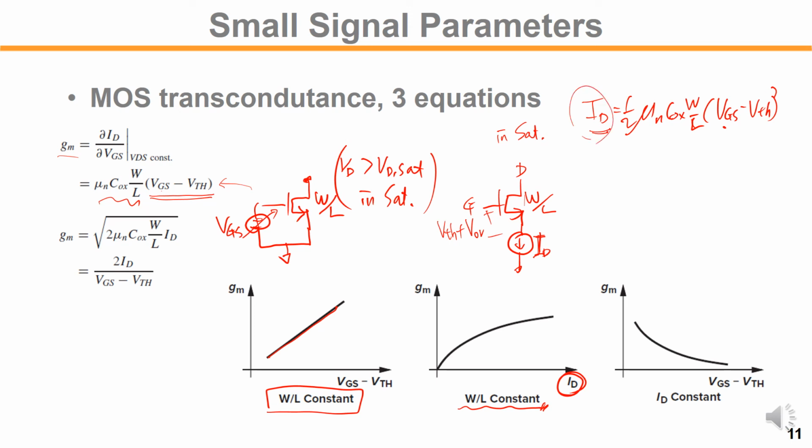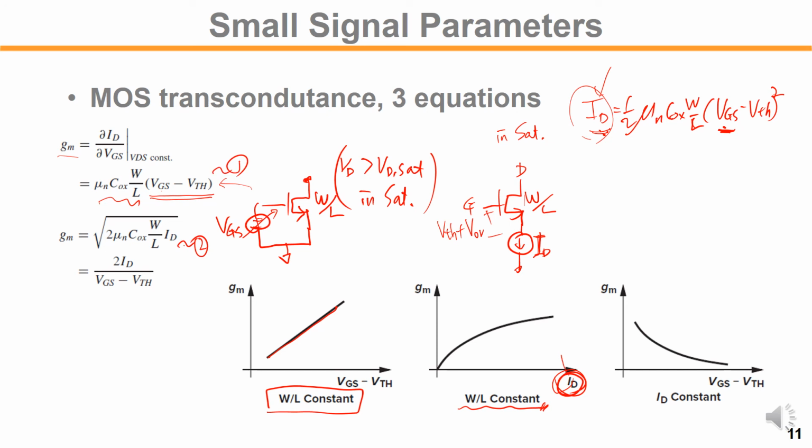So if you start increasing ID linearly like this, then what you are getting is the VGS changes according to the square law model here, right? So if you want to look at the GM variation for this case, you have to look at the second equation, right?